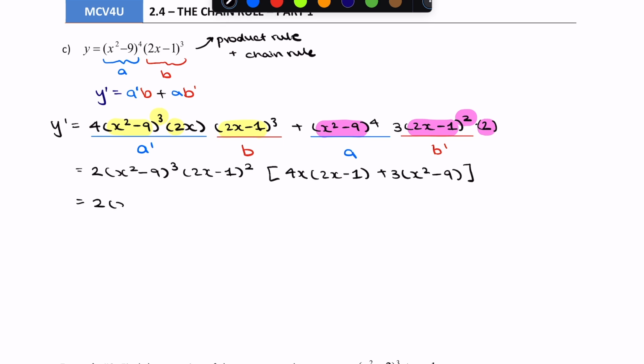So here we have 2(x² − 9)³(2x − 1)². Here we distribute this, we get 8x² − 4x plus 3x² minus 27.